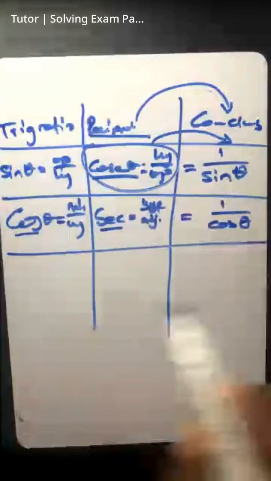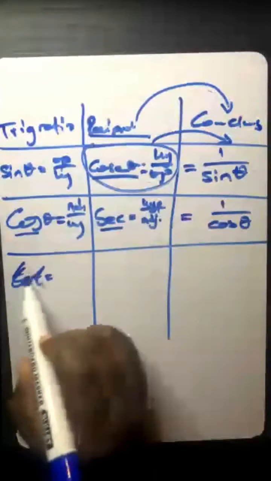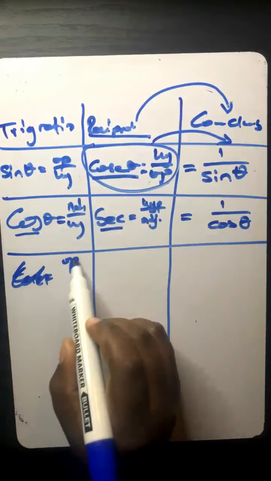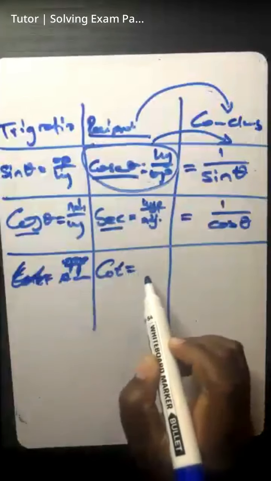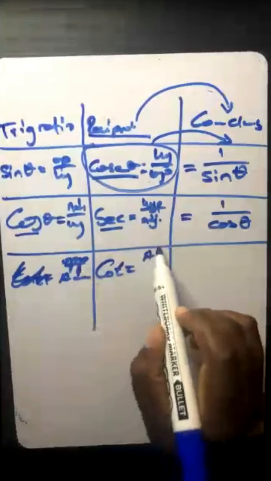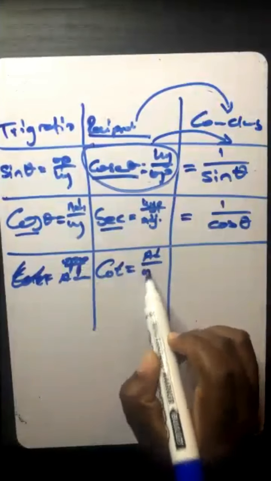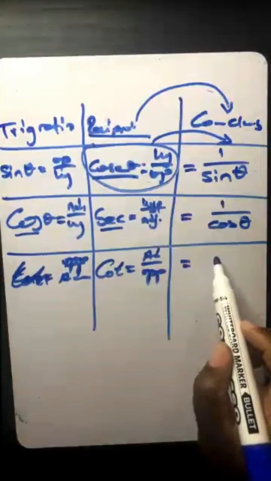So now let's talk about cot. We know tan is opposite over adjacent. The reciprocal is cot. What is cot? Then cot, we swap those, we have adjacent over opposite.